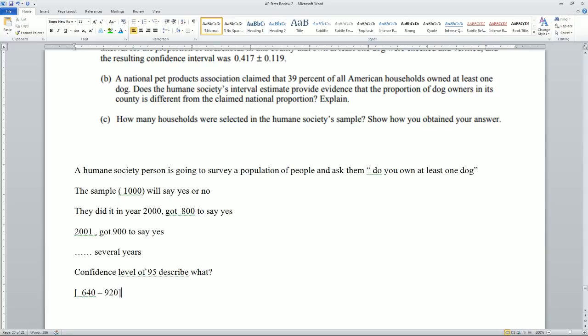If the confidence interval is this, what does that mean? The confidence interval has a 95% chance to capture the actual number of people, in the context of the question.